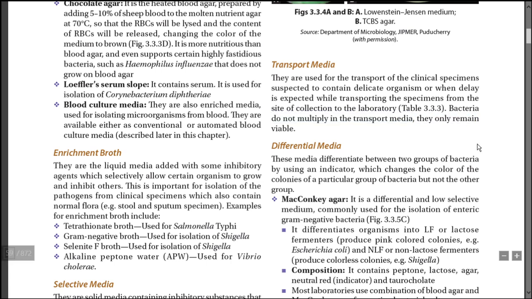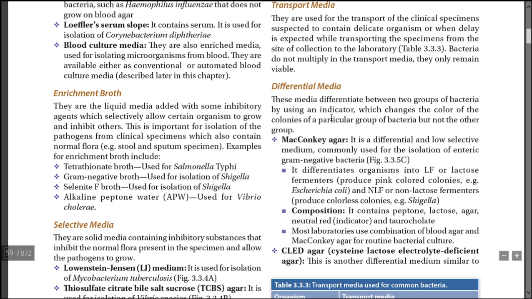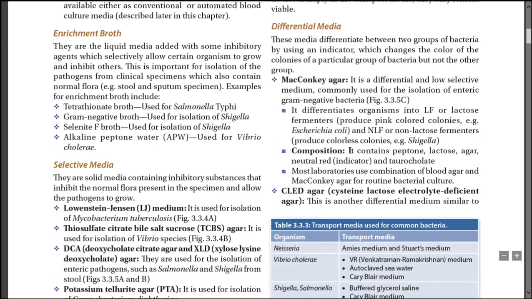Next, differential media. They differentiate between two groups of bacteria by using an indicator. MacConkey agar is a differential and low salinity medium. It helps in isolation of enteric Gram-negative bacteria. That is the function of MacConkey agar. It differentiates organisms into lactose fermenters that produce pink colored colonies, like Escherichia coli, and non-lactose fermenters that produce colorless colonies, for example Shigella.